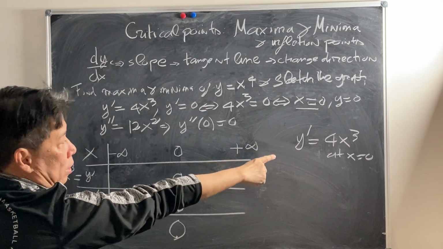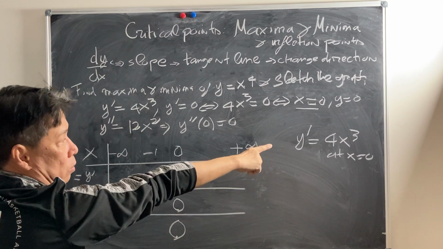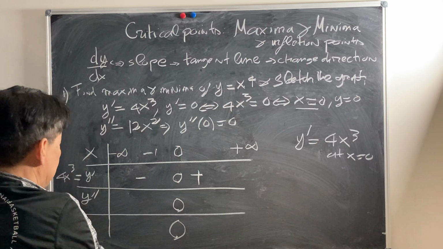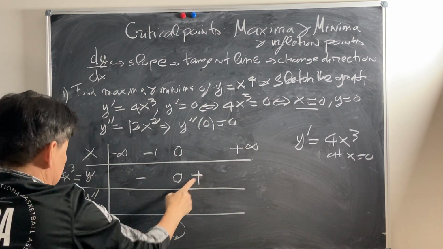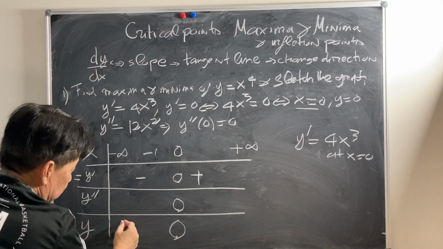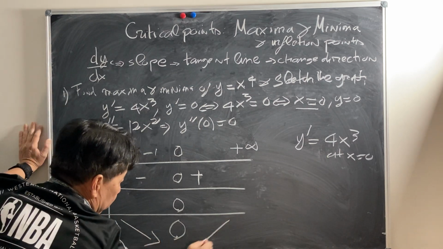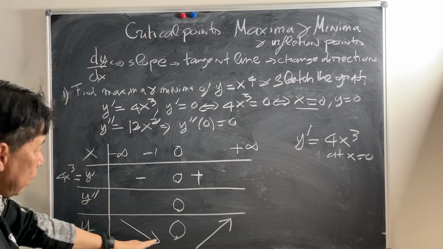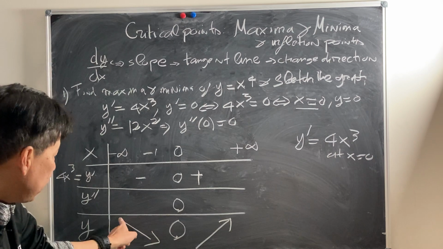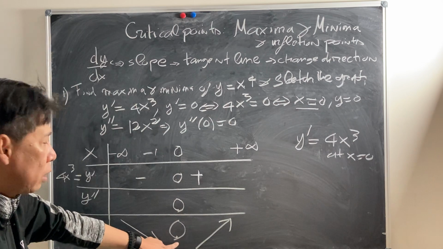You can take a point on the left of 0, say negative 1. Substitute negative 1 into 4x^3, you have negative 4, so it is negative on the left, and positive on the right. So the function goes down, reaches the point 0, and then goes up. So by looking at the table, you know at this point the function goes down and then up, so this point must be a minimum point, or minima.